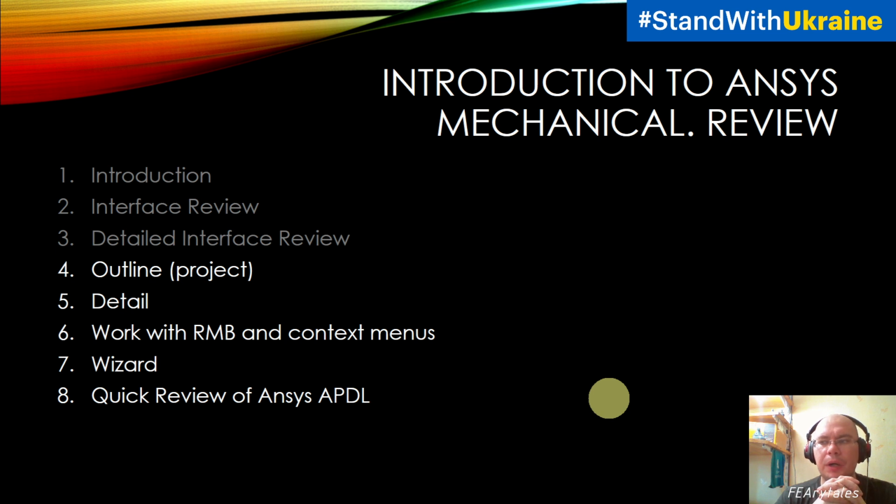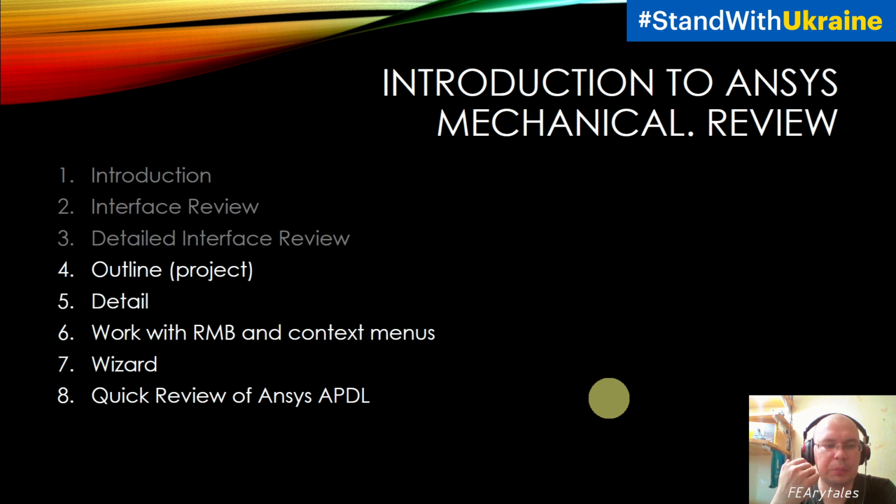Also, we'll talk about the window which is called details. It's a very important window because in the details we create a lot of preferences for any features, for any point of the outline, and for all steps of our analysis.